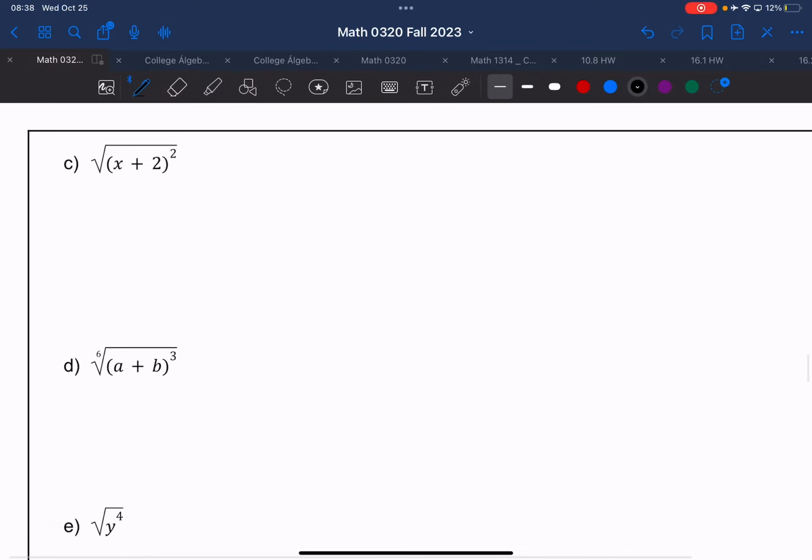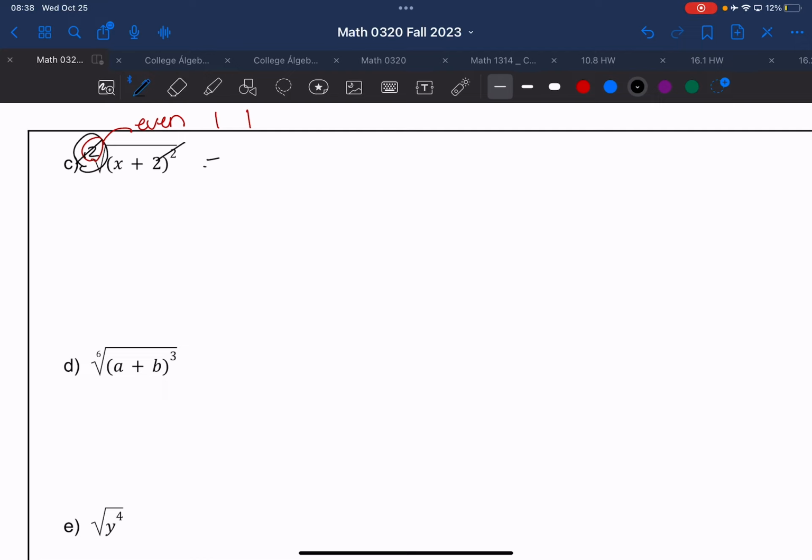Okay. If we don't see an nth root, then we assume what number is here? A 2. Is that 2 even or odd? Even. So what does even tell us? Absolute value bars. Are my nth root and exponent the same? Yes. So they cancel.